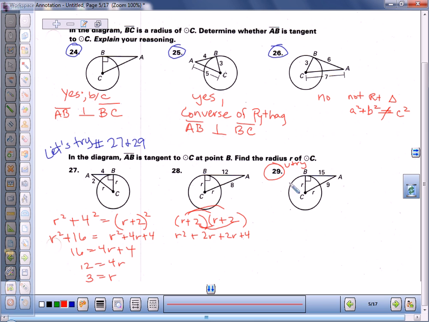You try number 29. Oh, 29? Yes. Dang it. I didn't know we were doing this. Alright. Okay, let's put that away, or it can be mine for the rest of the class period.